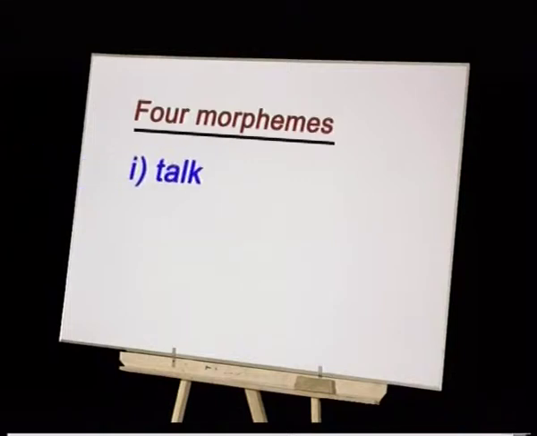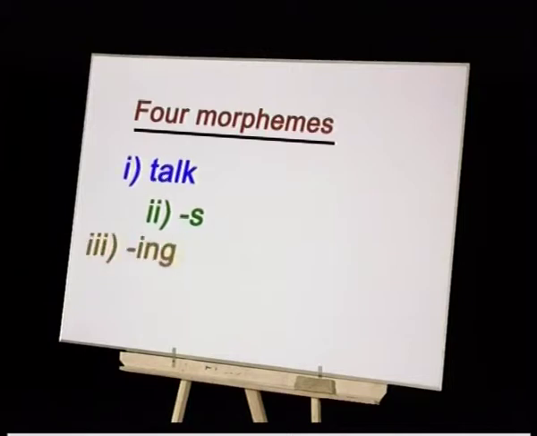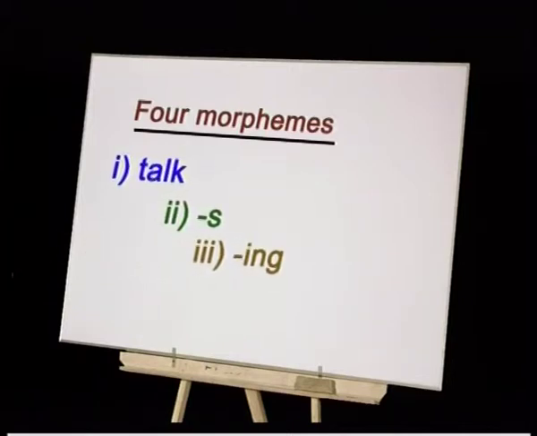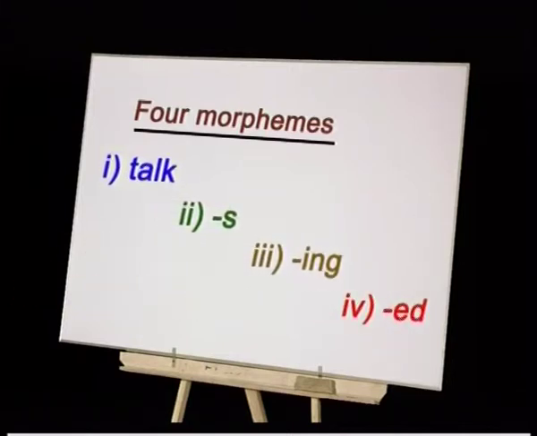Applying the notion of morpheme to the word talked, we have 4 morphemes: the word talk, plural s, be form ing, and past form ed.